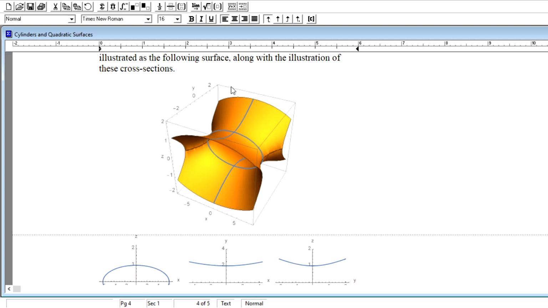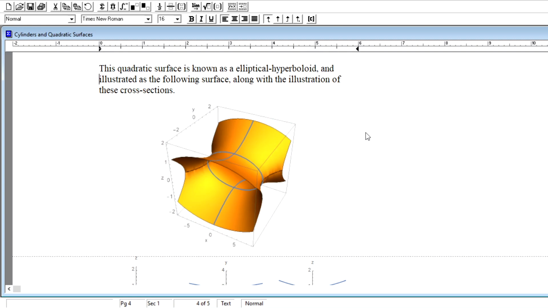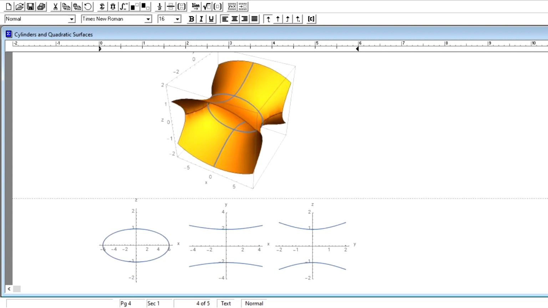It's this shape in space where certainly in the two cross sections with respect to z and x and with respect to y and z, we have these hyperbolic cross sections, seen below here with these two cross sections. Right? And in that third dimension, with respect to just x and y, we have this elliptical cross section.